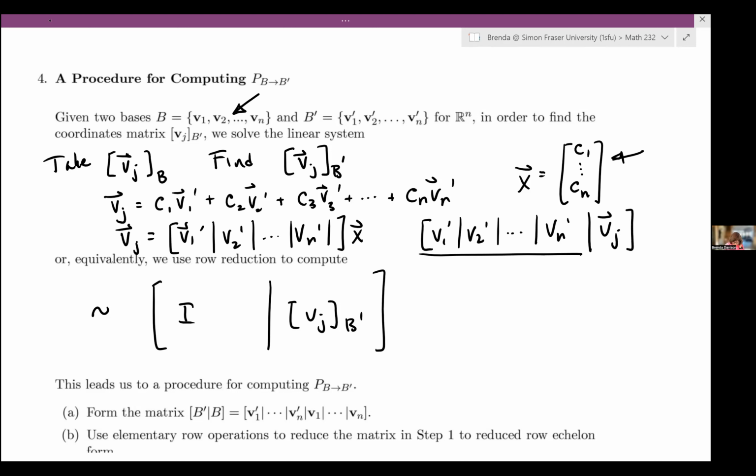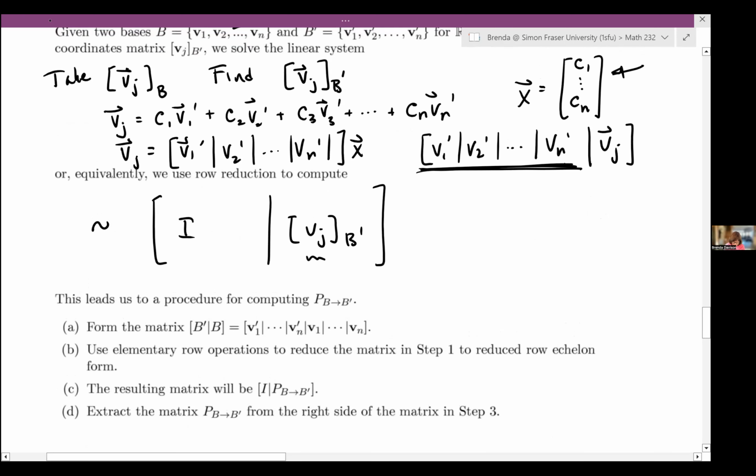Okay, and we need to do that for each one of the vectors that we have from the original basis. So what we're going to do is end up augmenting all of these vectors with all of the vectors from the original basis. We did it for one of them to see why this works, and now we're going to do it for all of them at the same time.